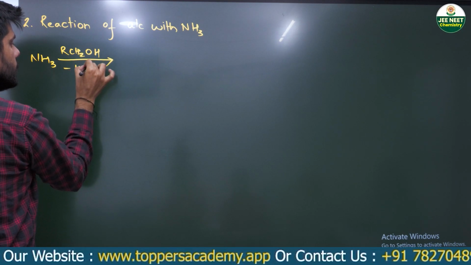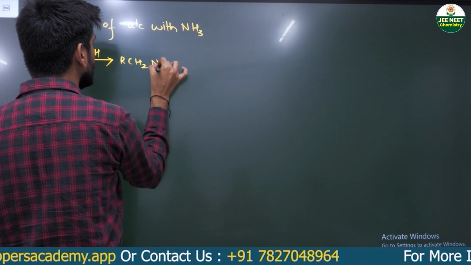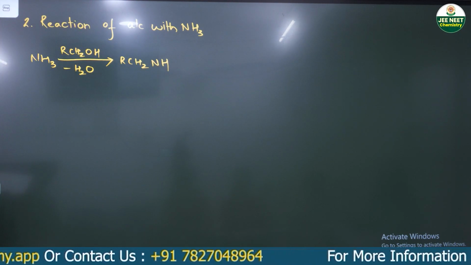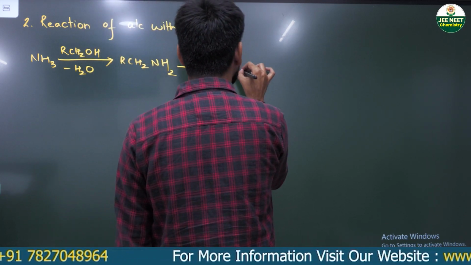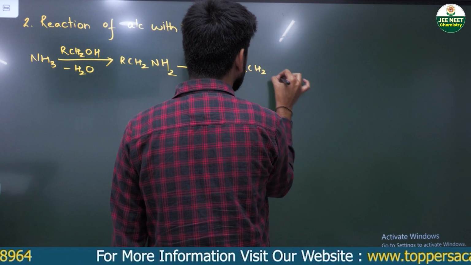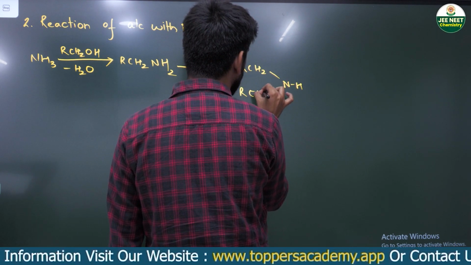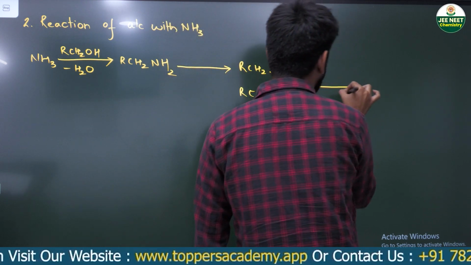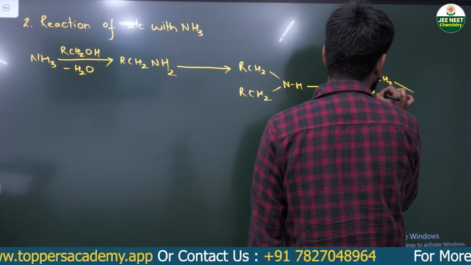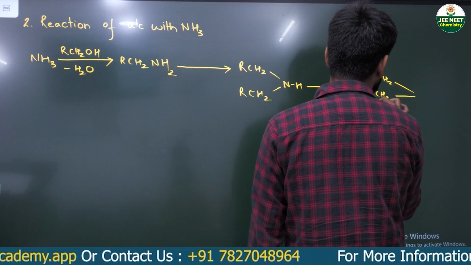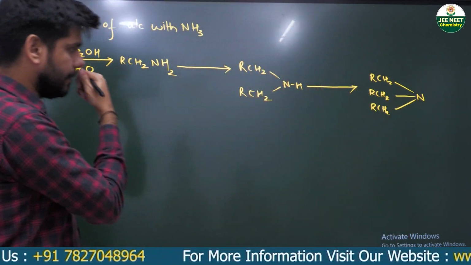Minus H2O, what do I have is RCH2NH2. Then if I have more alcohol, then RCH2NHRCH2. And if I have more alcohol, then (RCH2)3N.